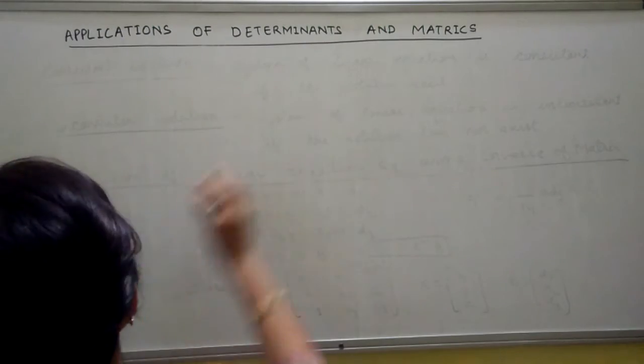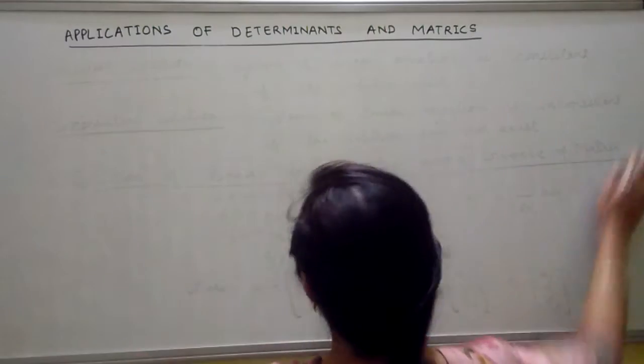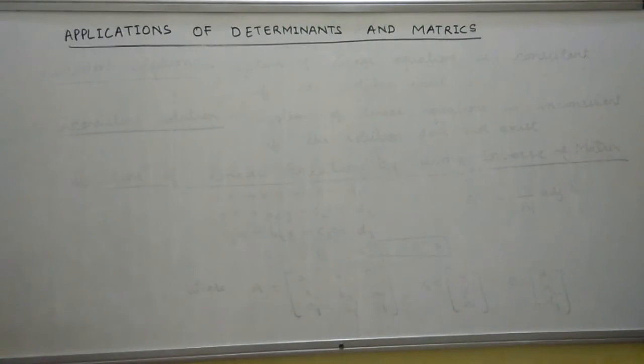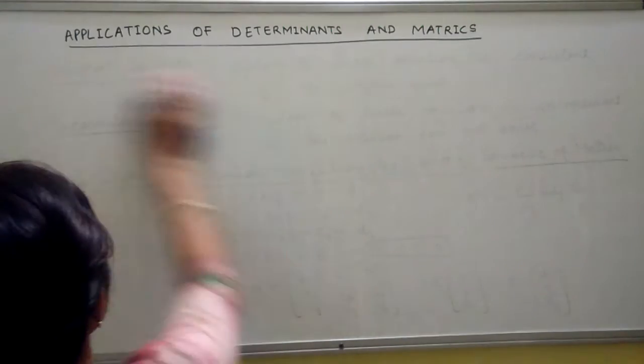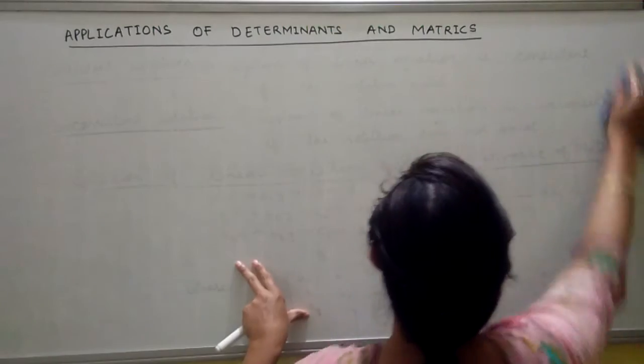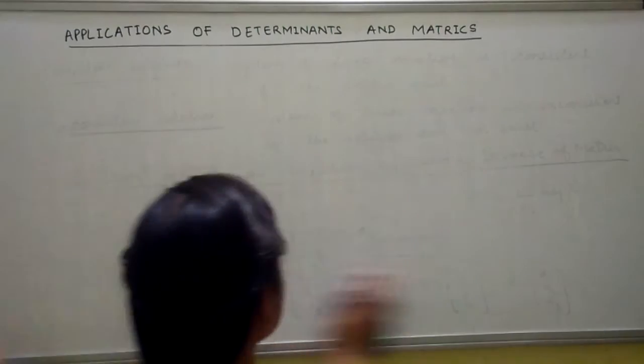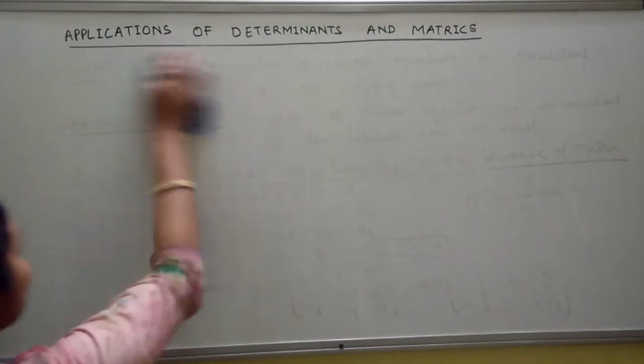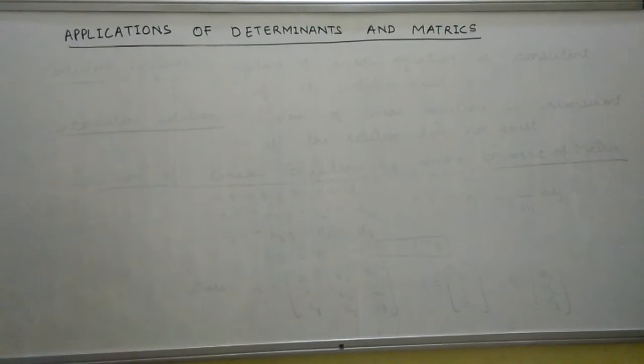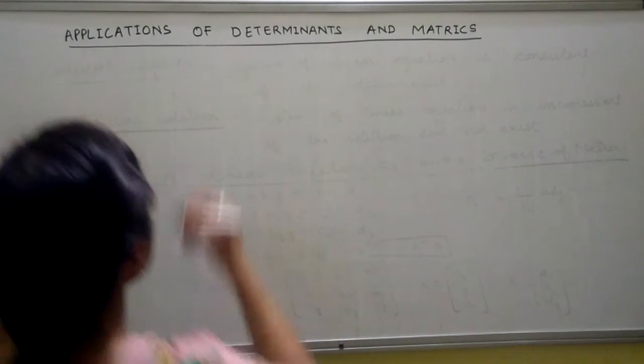So how can we find whether the system has one solution, a unique solution, or not having any solution, no solution, or infinitely many solutions? How can we confirm about this? There is one algorithm to confirm about these values. Is it the first algorithm?